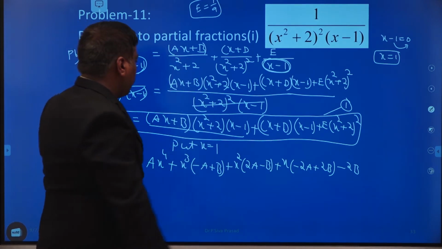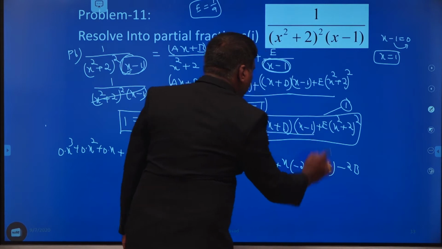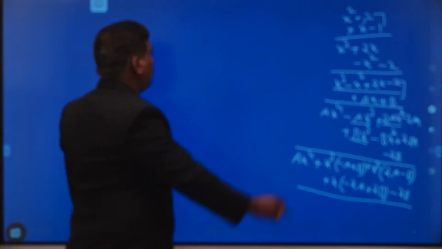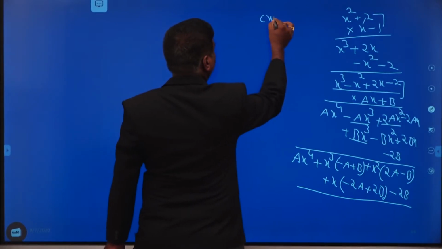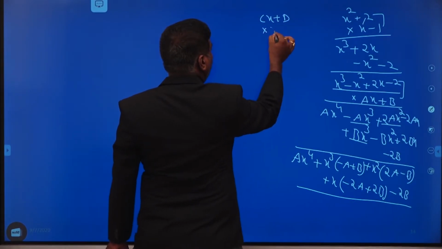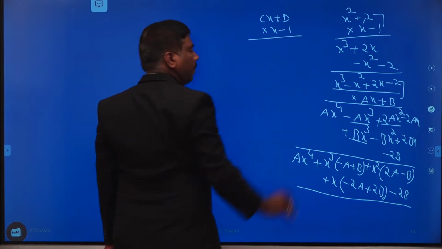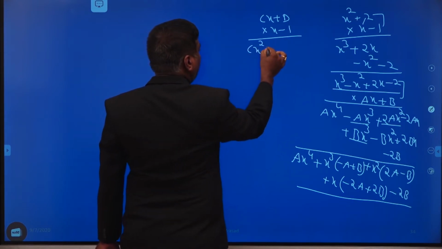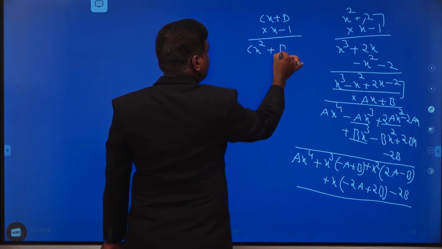Now again, this factor I have to multiply: (cx plus d) into (x minus 1). cx into x, that means cx square, plus x into d, that is dx.